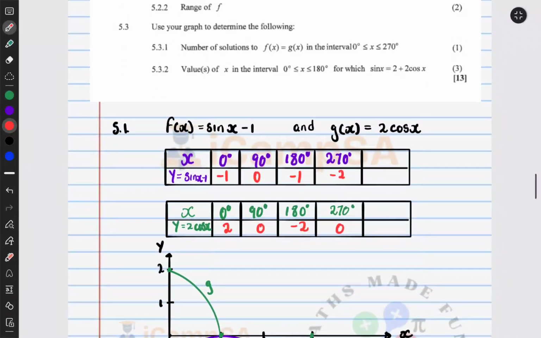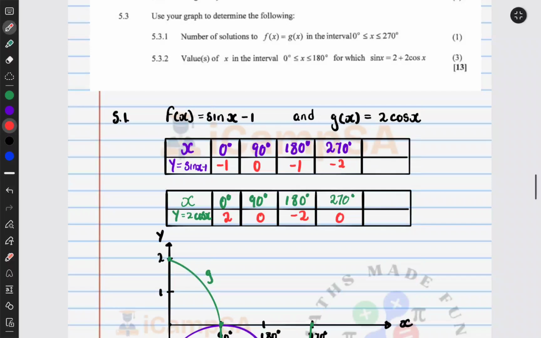Okay, and then next, use the graph to determine the number of solutions to f at x in the interval of 0 to 270 degrees, the interval that we are working with. So we have to determine how many times the graphs will be equal, and that is where the graphs intersect.